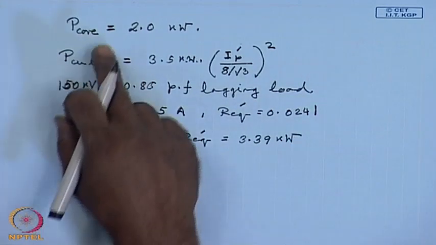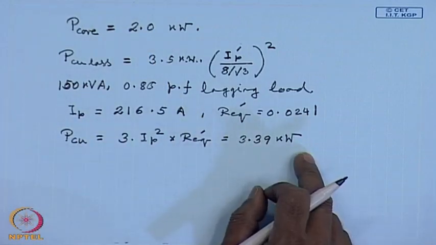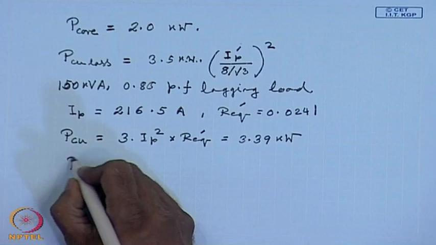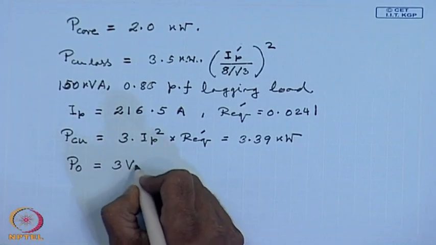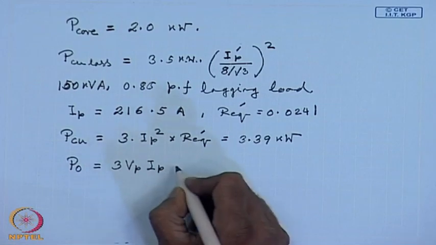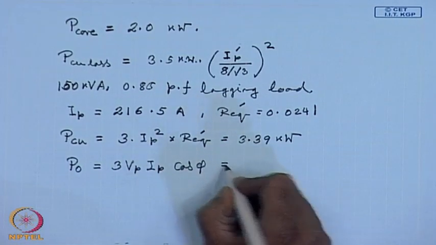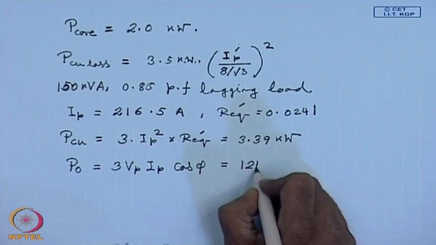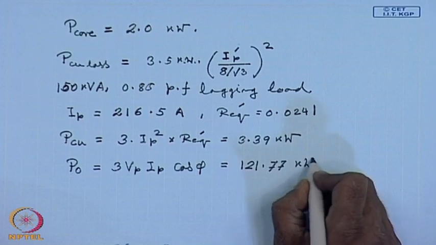So, the core loss of the transformer is 2 kilowatt, the copper loss is 3.39 kilowatt, and power output of the transformer P 0 equals 3 V p I p cos phi. This comes to 121.77 kilowatt.